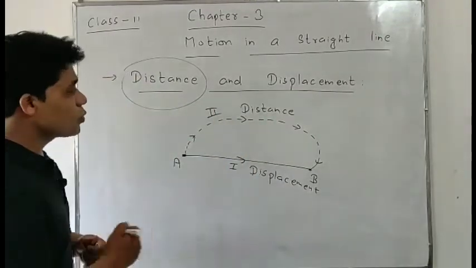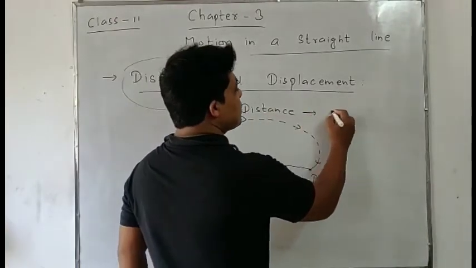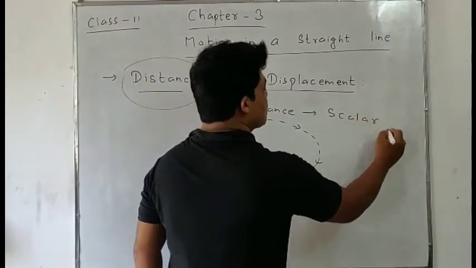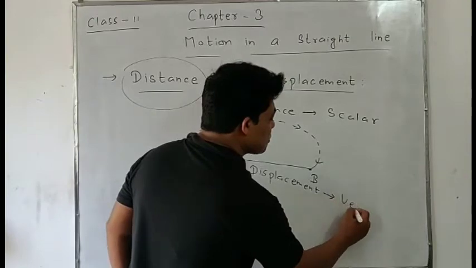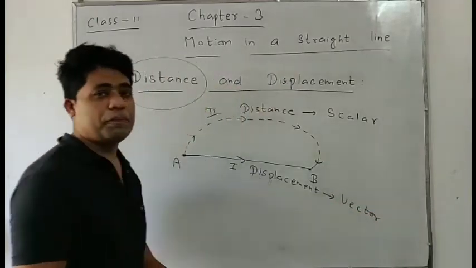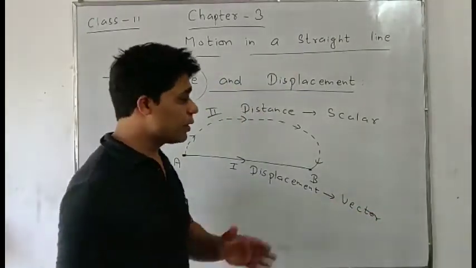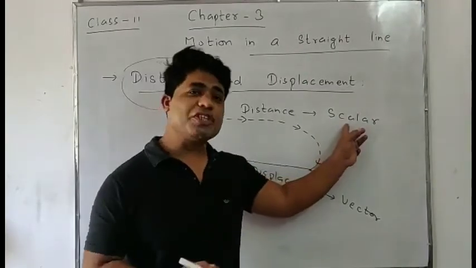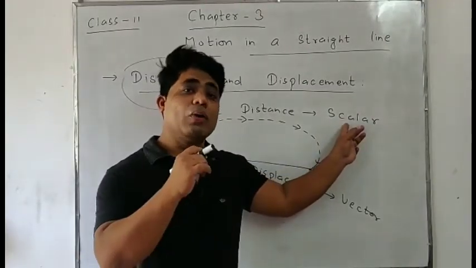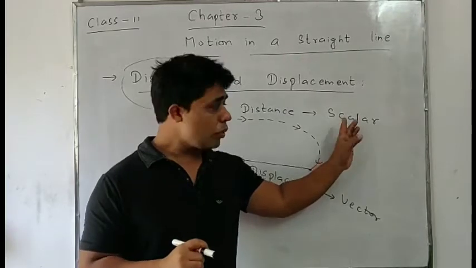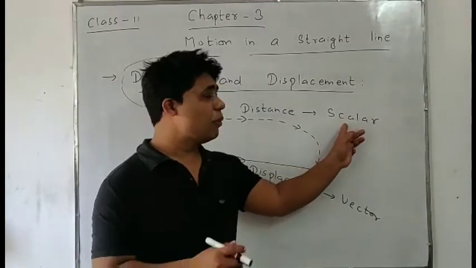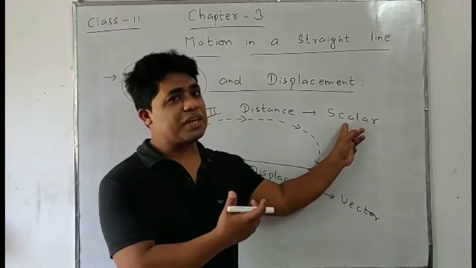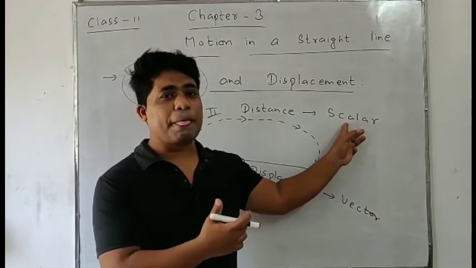Now students, distance is a scalar quantity and displacement is a vector quantity. You did it in small classes, but we'll discuss it in the 4th chapter on vectors. Those physical quantities that require only magnitude, only a mathematical value, with no need of direction, are said to be scalar.